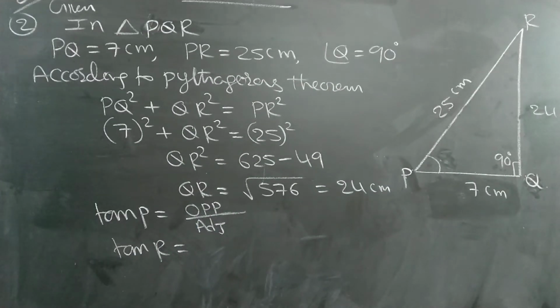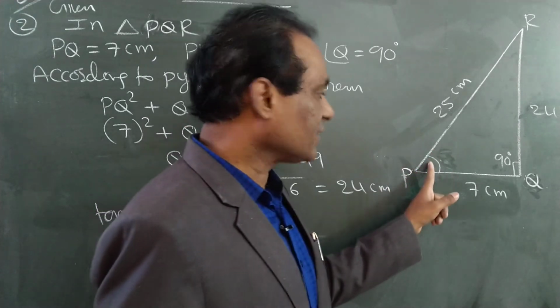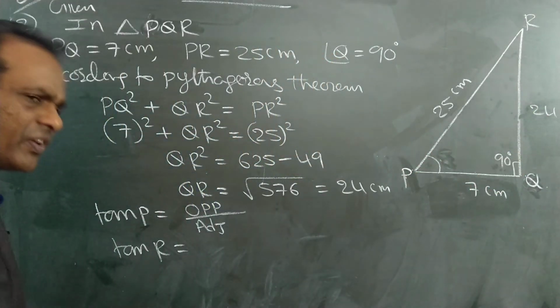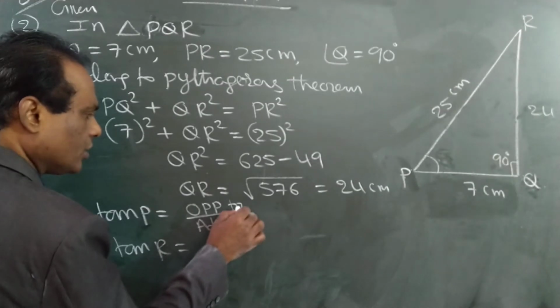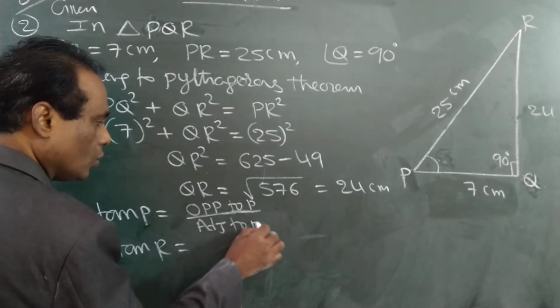Tan definition: opposite by adjacent. But which angle are we taking? P, so this angle we are taking. For this angle, this is opposite and this is adjacent. We can even specifically write opposite to which angle: opposite to P, adjacent to P.